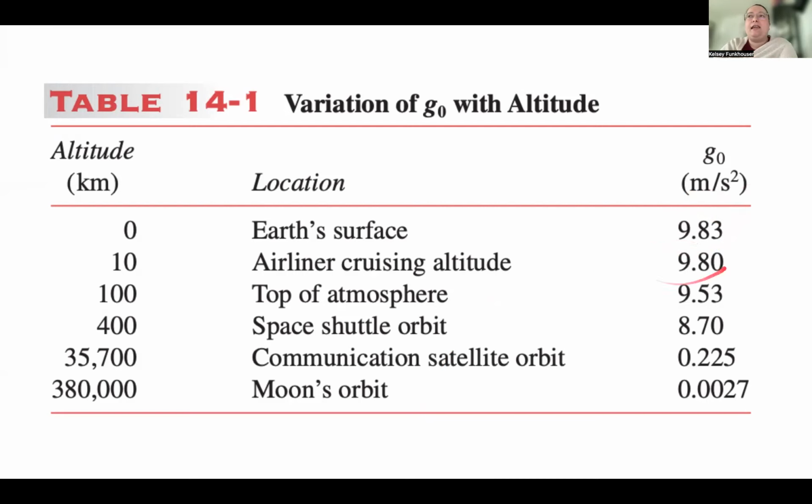In an airplane 10 kilometers above the surface, it's 9.80. At the top of the atmosphere at 100 kilometers above the surface it's 9.53. And then we can go all the way to the moon, and the value at the distance of the moon's orbit is 0.0027 meters per second squared.